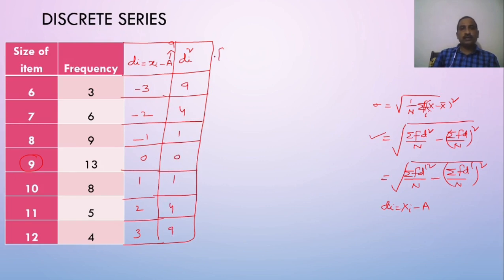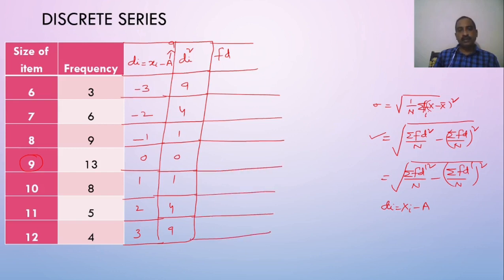So the next one is you have to find out fd and fd square also. For the calculation you need fd and fd square, right? So that's why here we have to calculate one by one. fd is nothing but this frequency into this.